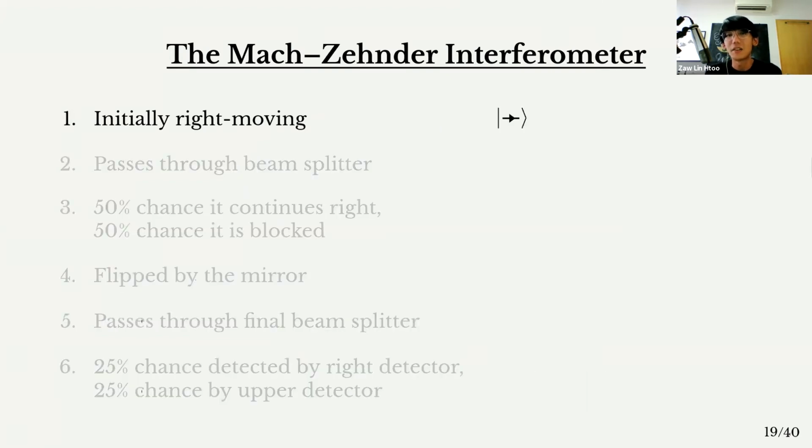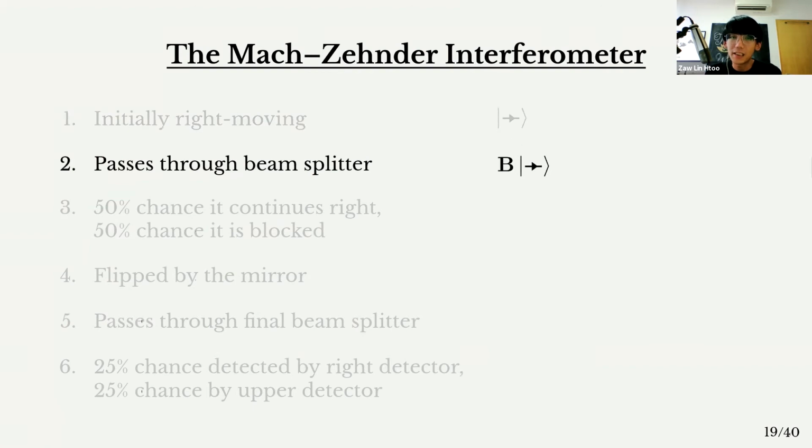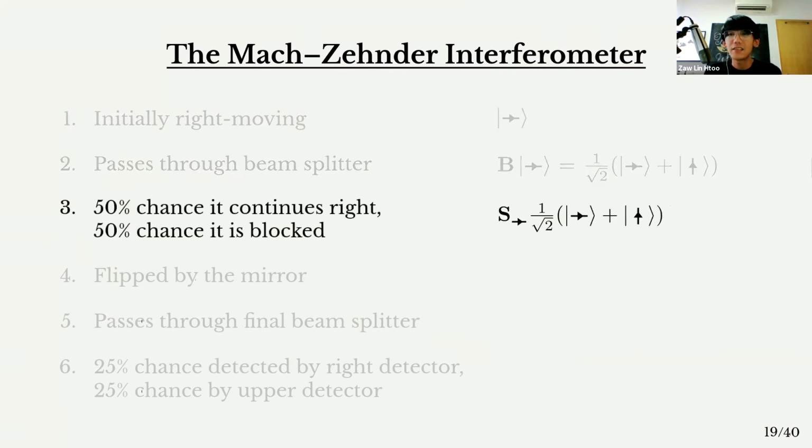So let's start with the initial right-moving photon. This is just the right-moving photon state. It passes through the beam splitter, and we know that this creates a superposition of the right-moving photon state and the upward-moving photon state. And then we pass it through the right-moving photon selector, right? So basically, this just blocks the upward-moving photon.